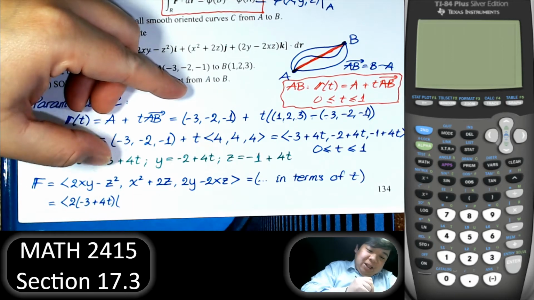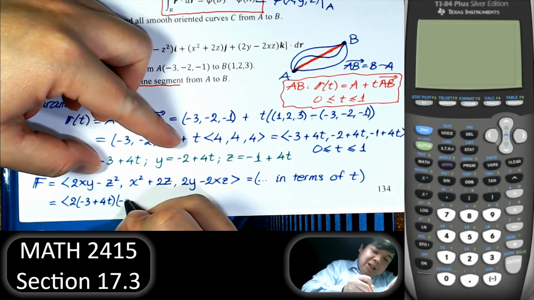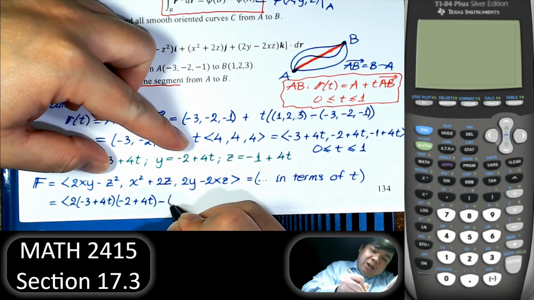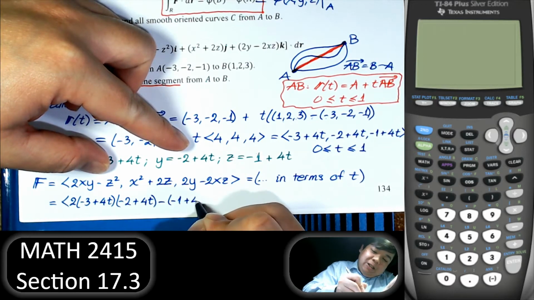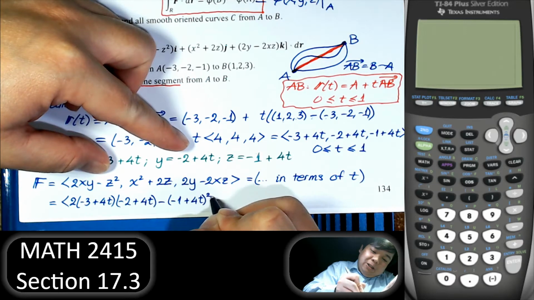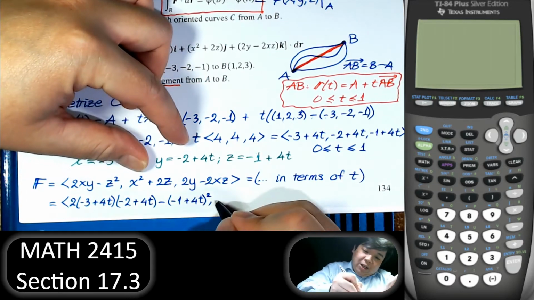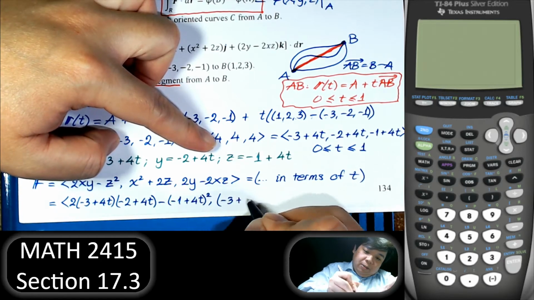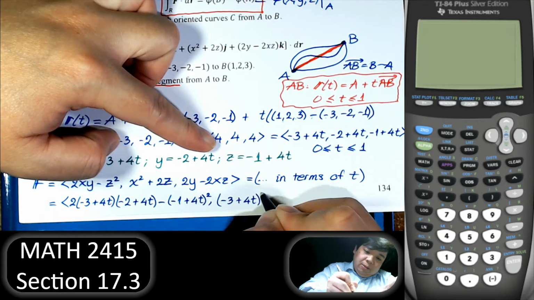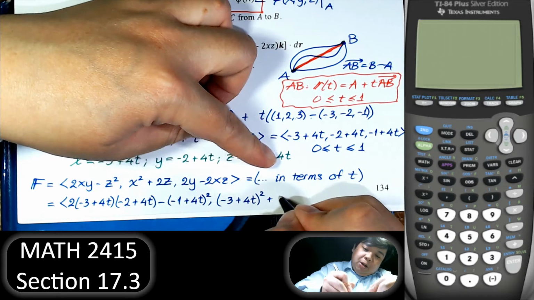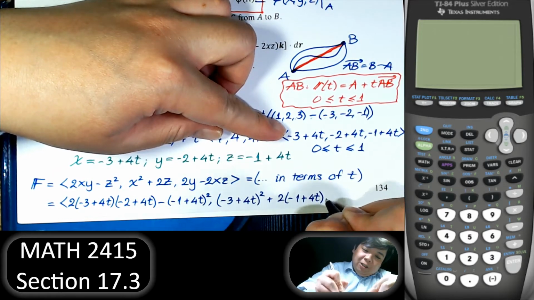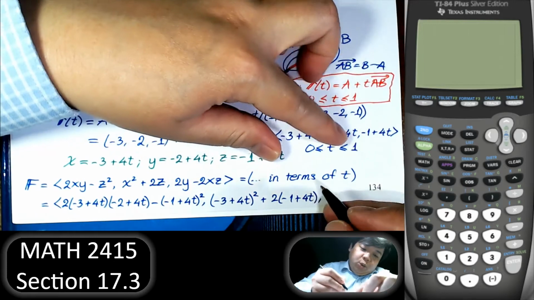Anyway, y is -2 plus 4t, minus z squared, x squared, plus 2z, and then 2y.